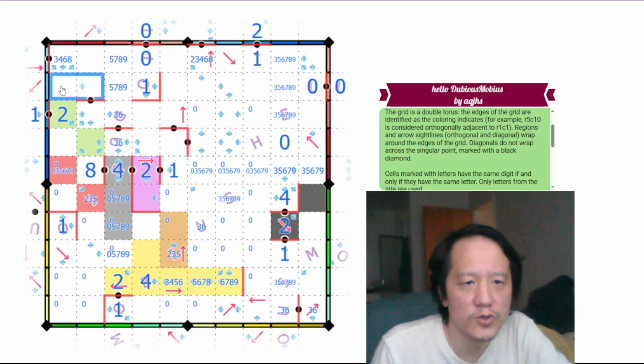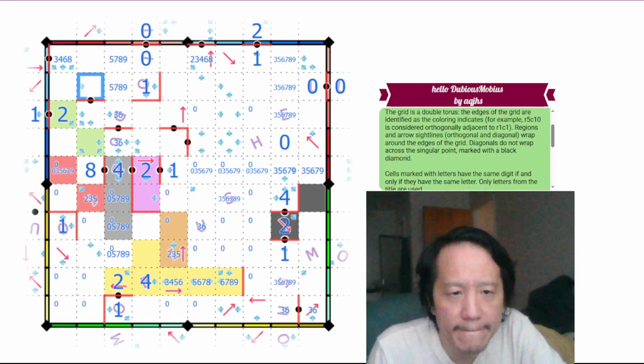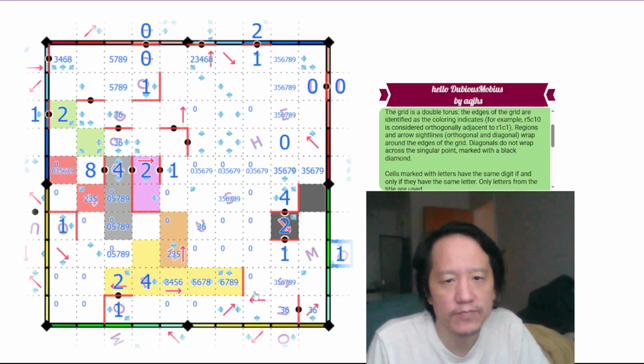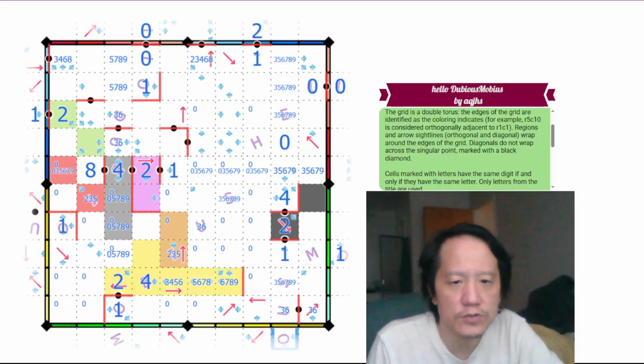This sees multiple because it can't be 0, 1. So this is a 1. This is also 1.